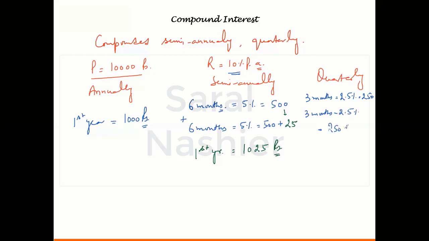Obviously, 250 plus how much extra? 2.5% of this 250 would be 6.25 rupees. That means the interest at the end of 6 months itself becomes 506 rupees 25 paisa. If I compare it with this, it was 500 here, which has become 506.25.